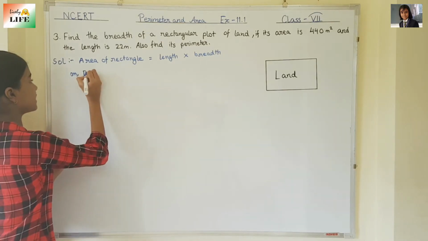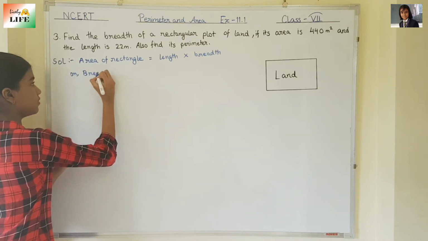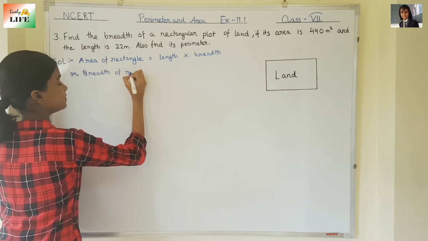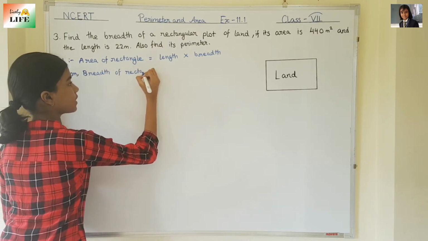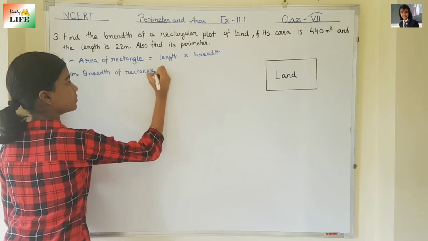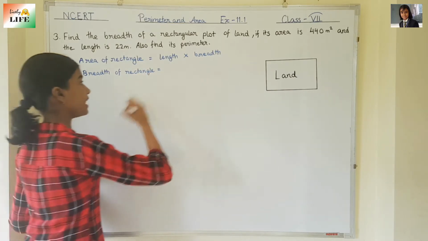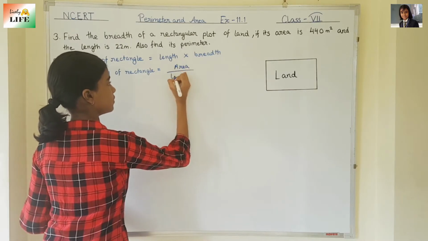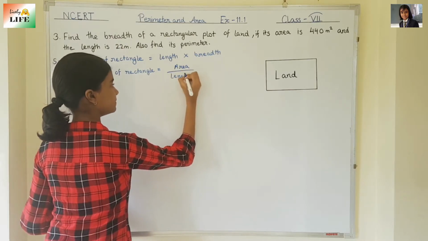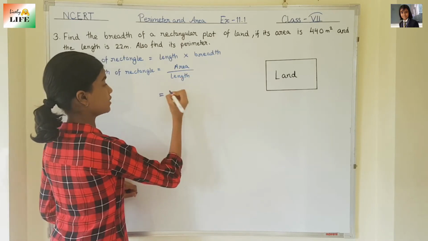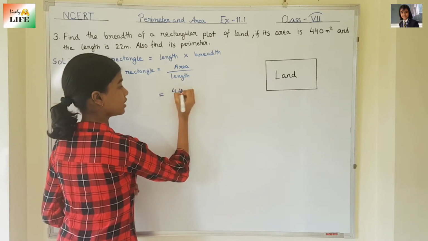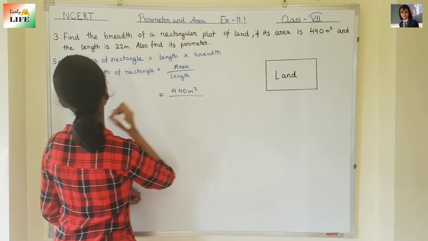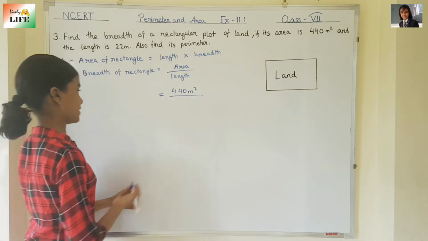So breadth of the rectangle will be area by length. What is the area? It is 440 meters square, by length 22 meter.